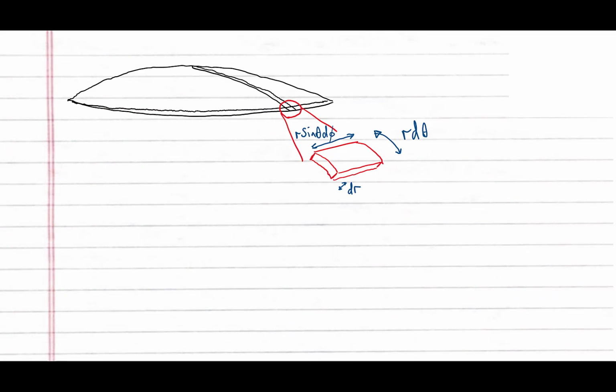Well, we did have dx, dy, dz, but now we've got a slightly different system. What I've done here is I've shown the top part of the sphere, and there are some very small channels in here. What we can say is this small channel at the top is a change in d phi, right?